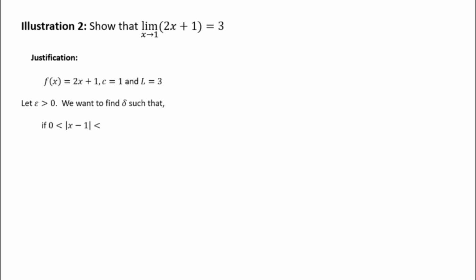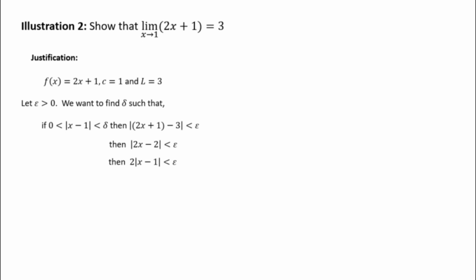We want to find delta such that if the absolute value of x minus 1 is in between 0 and delta, then the absolute value of 2x plus 1, the f of x, minus 3, the L, is less than epsilon. The conclusion part can be simplified into 2x minus 2, and then we can factor out 2.